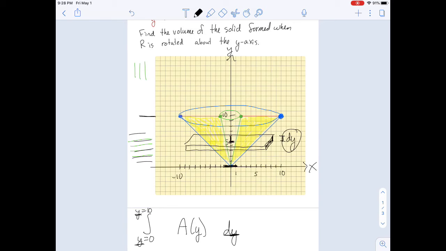So let's think about this slice that we have. I'm going to take this slice, we're looking at it from the side, and look at it straight down. So I'm going to be looking at it down the y-axis and looking at these 2 circles that I have here.